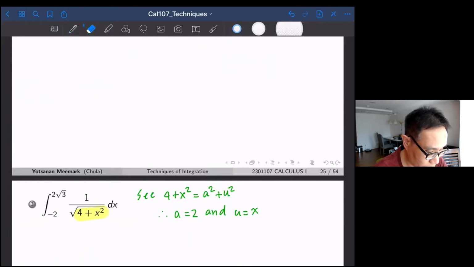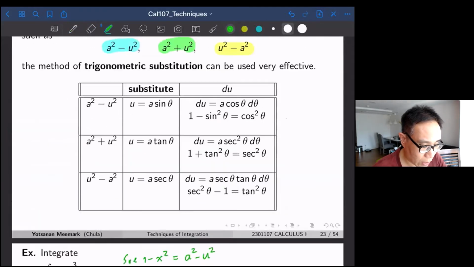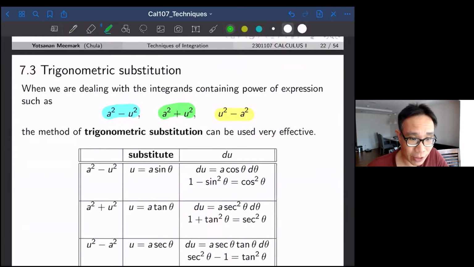I use different colors here, so let me change to the green one. It doesn't necessarily correspond blue, green, and yellow. The first thing is we're going to simplify this integral by using trigonometric substitution.